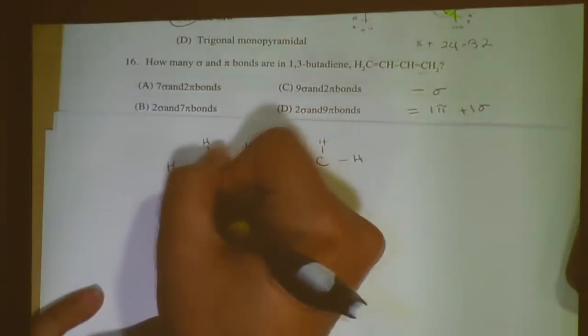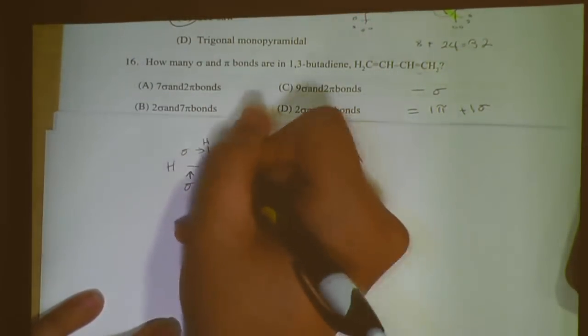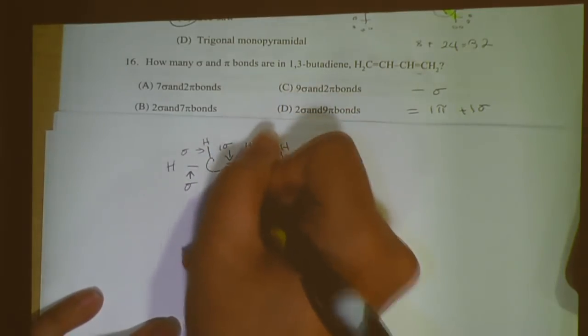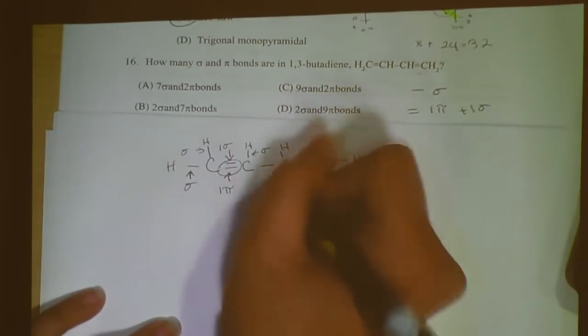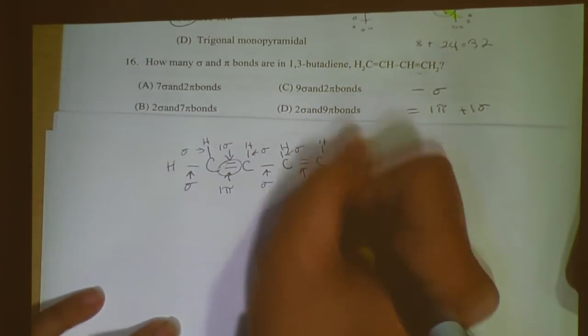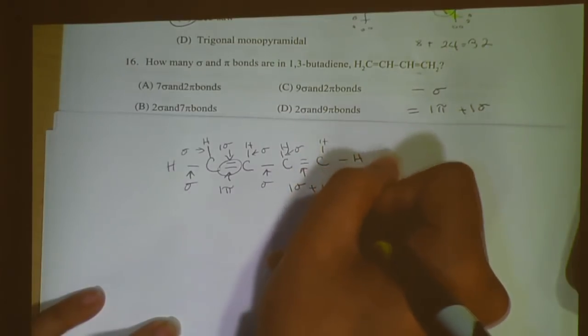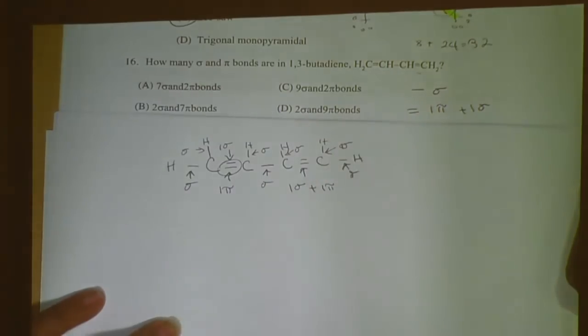Here I have a sigma because it's single. Sigma. Here I have 1 sigma and 1 pi because it's a double bond. Sigma, sigma, sigma. Here I have sigma and 1 pi. Sigma and sigma. So let's count.